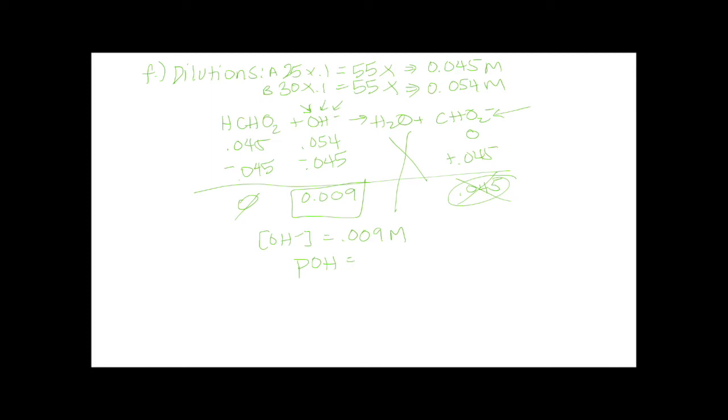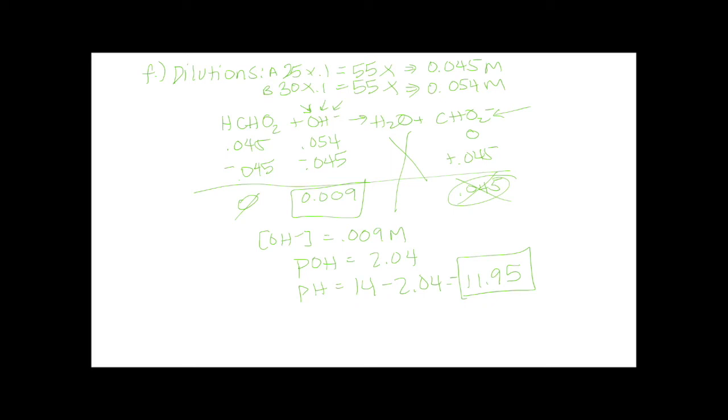Negative log of that is 2.04. Now I can find my pH because I can do 14 minus 2.04, and I don't have to do any other crazy math. Done. Now it's way high.